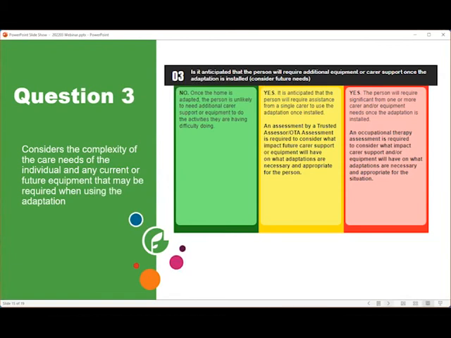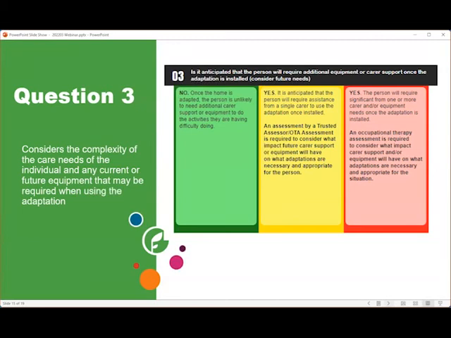So question 3 considers the complexity of the care needs of the individual and any current or future equipment, so we can ensure that we've got compatibility and we take into account the carer's needs when we're recommending what adaptations might be necessary and appropriate.